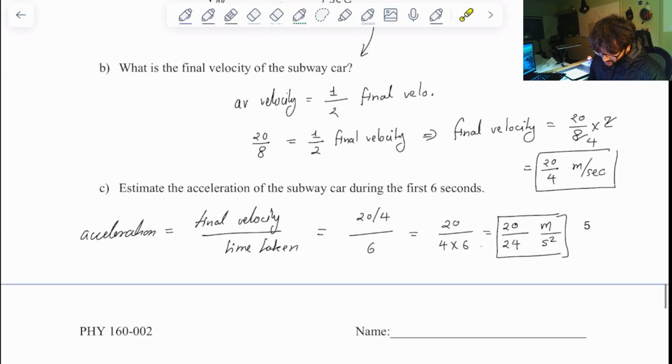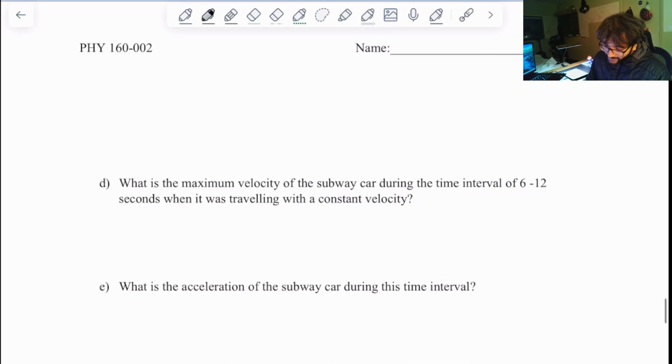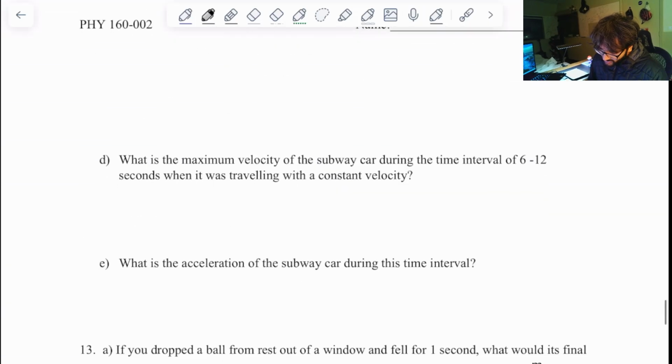That means the answer to the question, what is the maximum velocity of the subway car during the time interval 6 to 12 seconds when it was traveling at a constant velocity, is the velocity that it had when the time was 6 seconds. So at 6 seconds, the velocity it had was 20 over 4 meters per second.